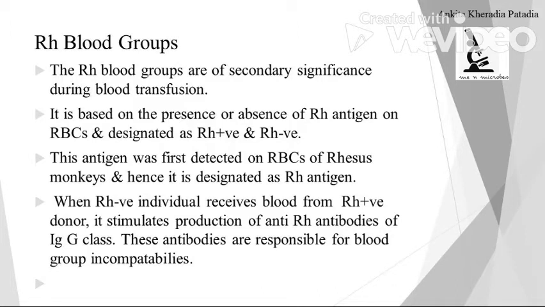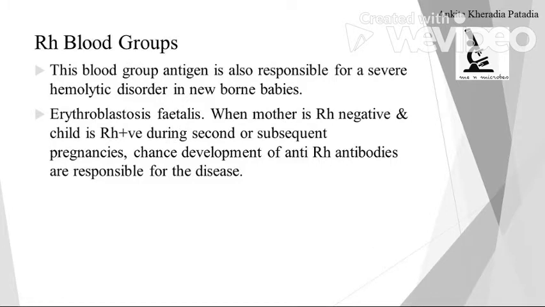When an RH negative individual receives blood from an RH positive donor, it stimulates the production of anti-RH antibodies of IgG class, and these antibodies are responsible for blood group incompatibilities. This blood group antigen is also responsible for severe hemolytic disorder in newborn babies, erythroblastosis fetalis, when the mother is RH negative.